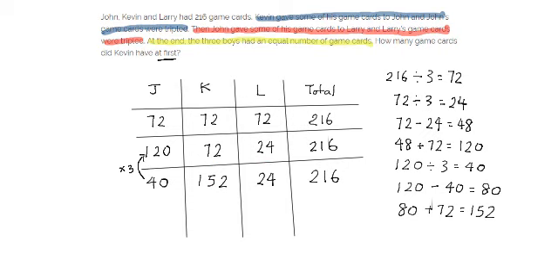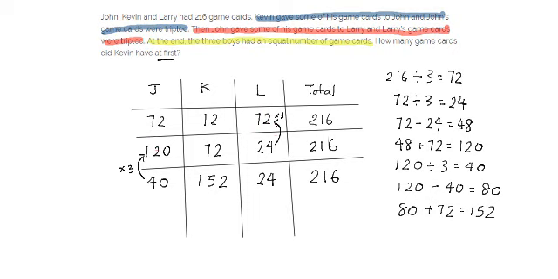Next, John gave some of his game cards to Larry, and Larry's game cards were tripled. So you can see the tripling here. Multiply by 3, right? Since we can see an increase of 48, here there will be a decrease of 48.